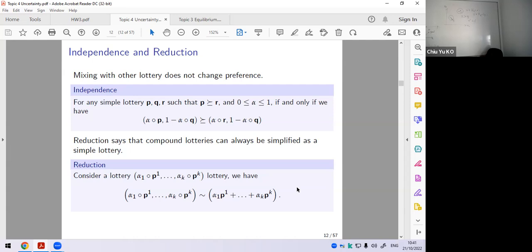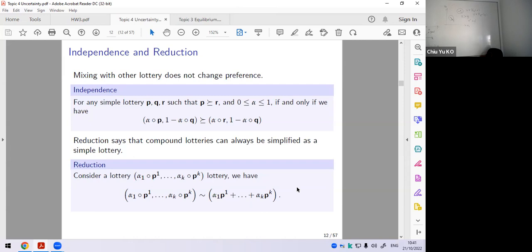So for a lottery like this, remember P1 is a lottery with probabilities over n outcomes. If you have a lottery over lotteries, you only care about the resulting probability. Maybe this is not easy to see, so let me write it down.